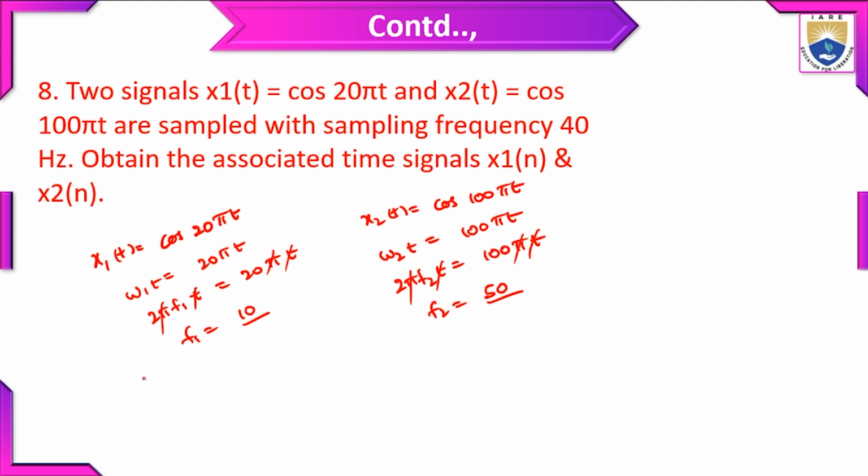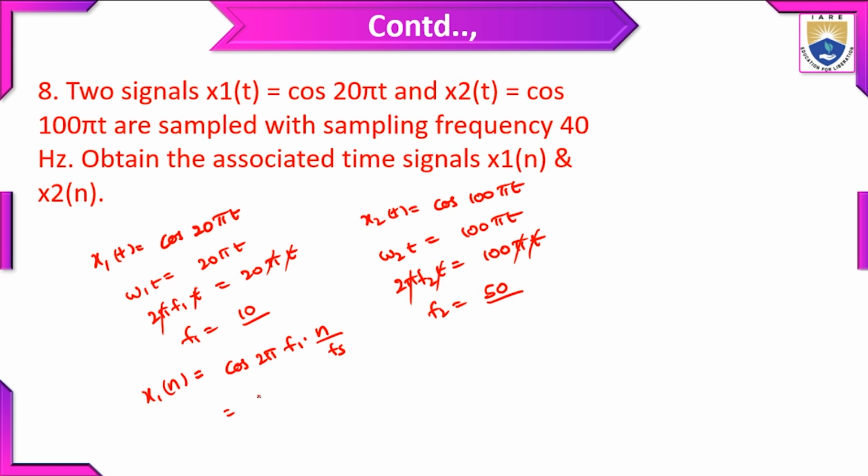So x1 is obtained by replacing the time variable by n by fs. While here the sampling frequency is given as 40. So simply 10 by 40 we can substitute. So x1 of n is equal to cos 2 pi f1 into n by fs.